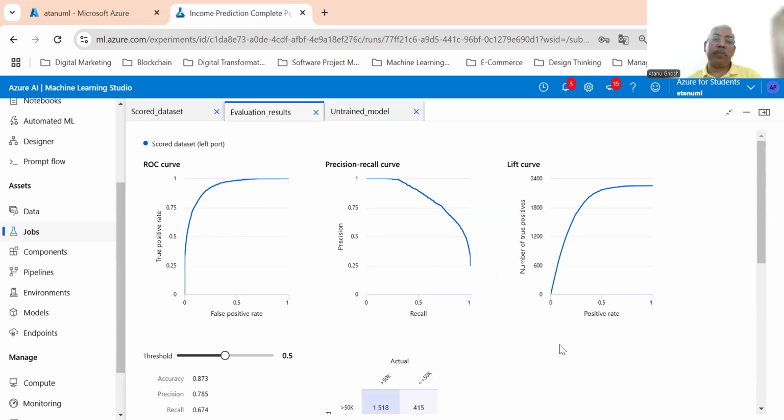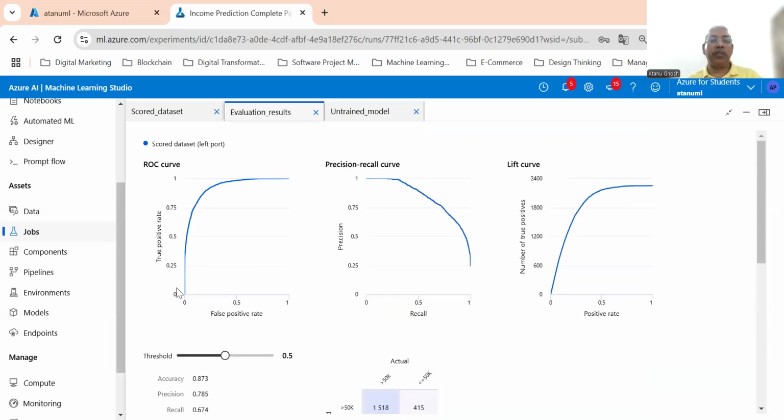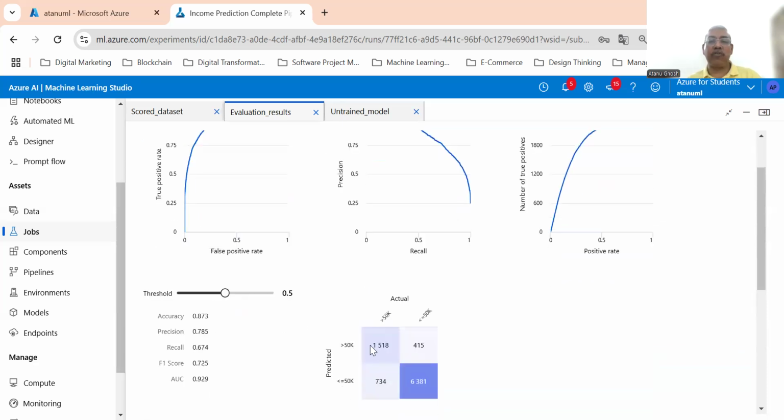So if you, for example, say that the cutoff for positive is 0, that means anything equal to or above 0 probability, you are going to classify as positive. Then what is going to happen? Everything will get classified as positive. Okay. So your true positive rate, which is the actual positives divided by what you predicted as positive, will become 1.